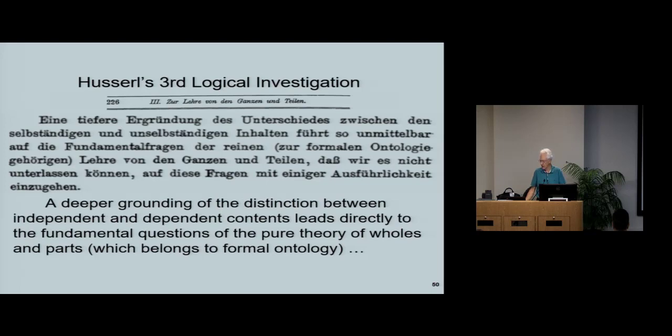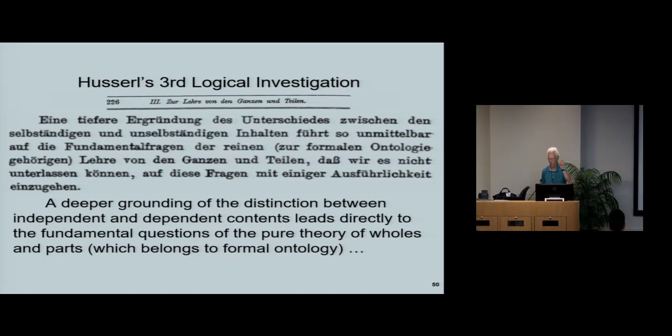And he started off as a mathematician, and his Logical Investigations is a contribution to what we would now call philosophical logic and cognitive science. So it's about logic on the one hand and about cognition, evidence, thinking, reasoning, and so forth on the other hand. The third logical investigation has the title On the Theory of Wholes and Parts.